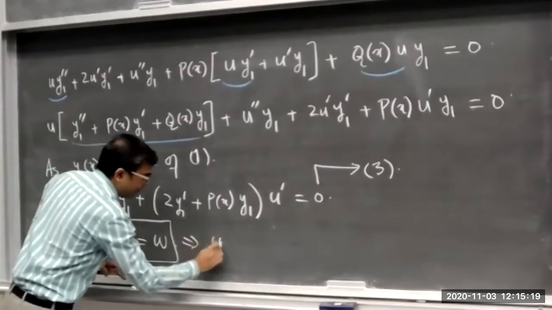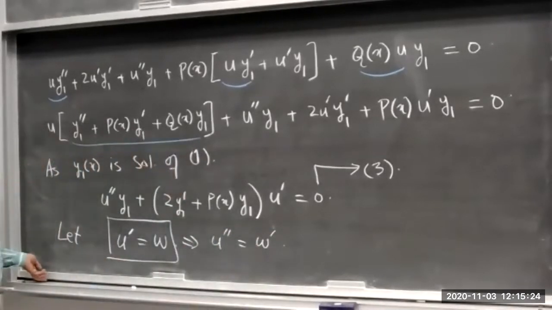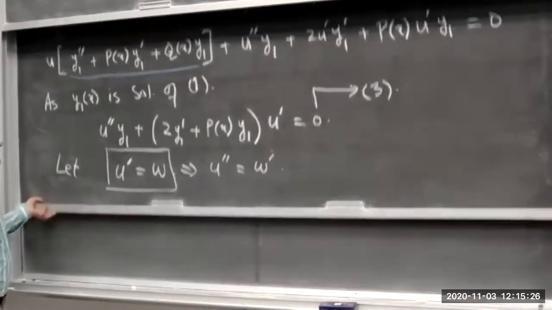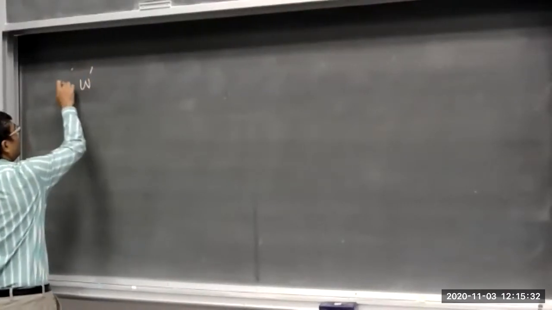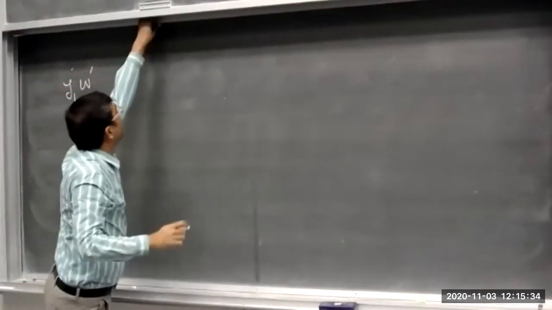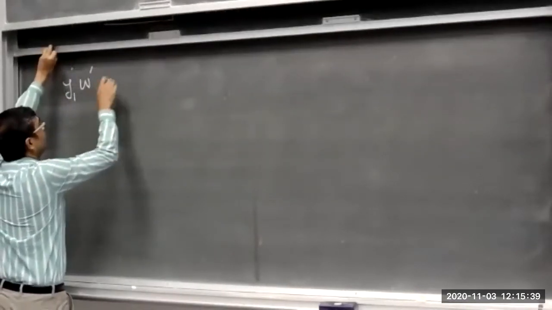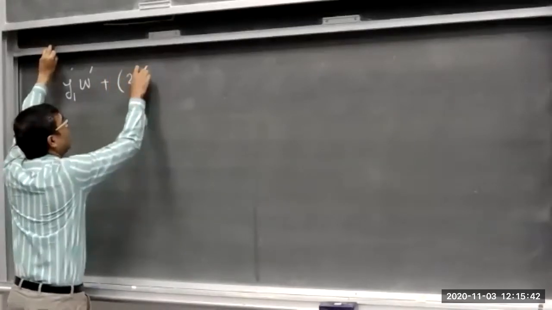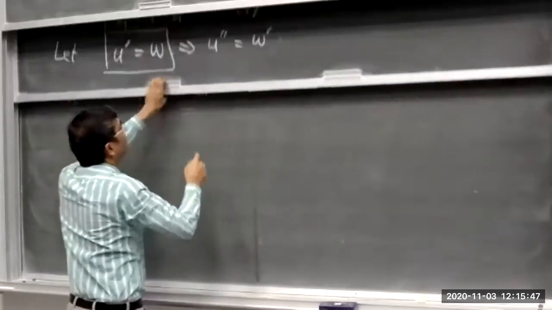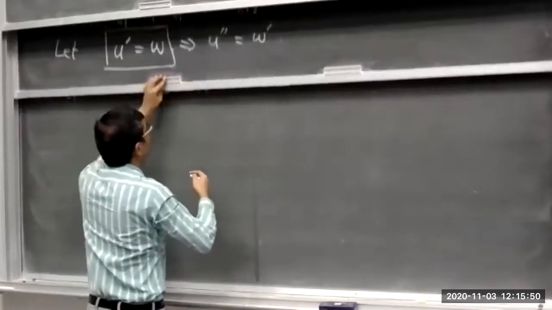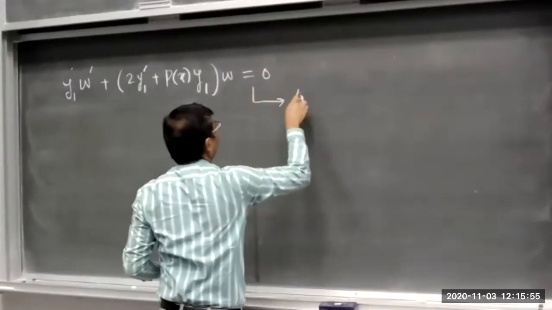Then equation 3 can be written in this way: w dash y1 plus 2y1 dash plus p of x y1 into w equal to 0. So this is equation 4.